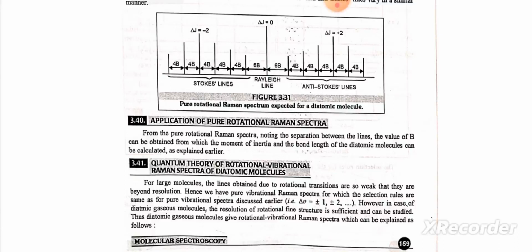That is, change in vibrational quantum number is equal to plus minus 1, plus minus 2 and so on. However, in case of diatomic gaseous molecules, the resolution of rotational fine structure is sufficient and can be studied. Thus, diatomic gaseous molecules give rotational vibrational Raman spectra, which can be explained as follows.